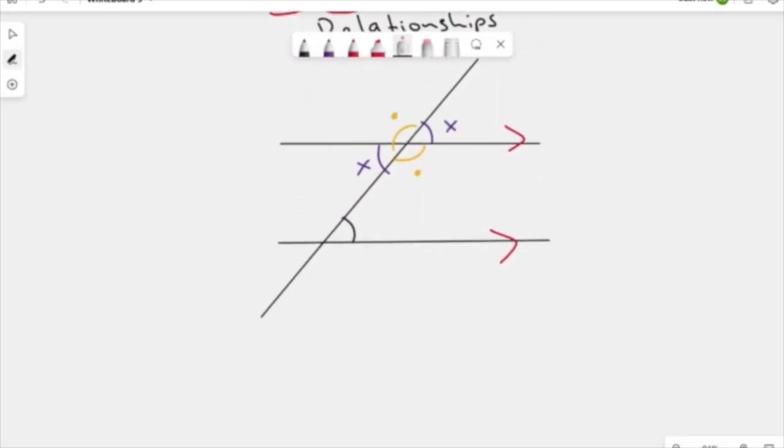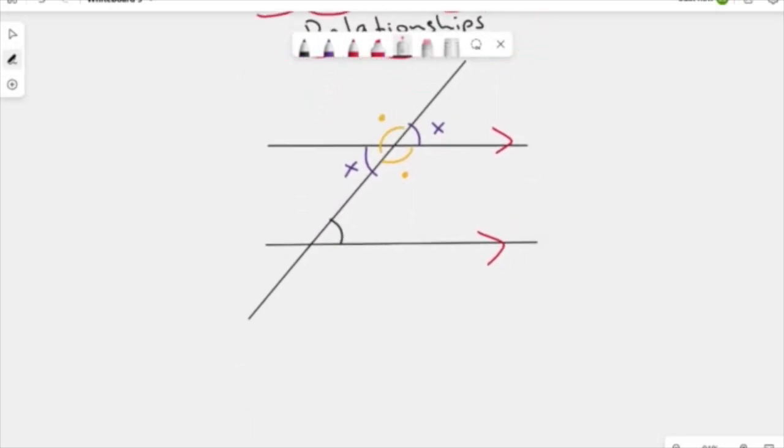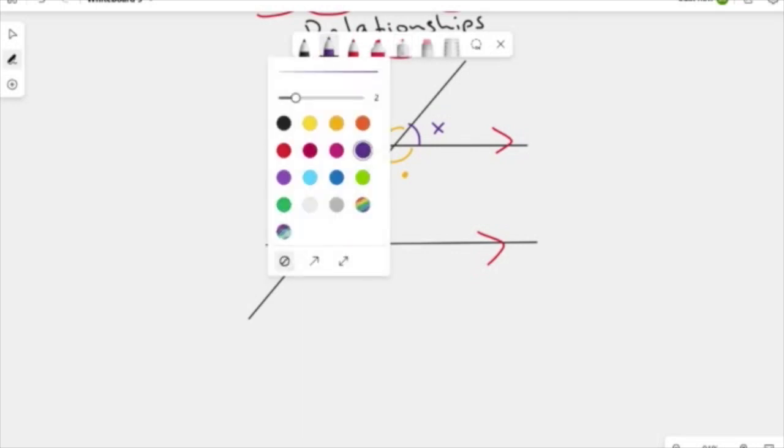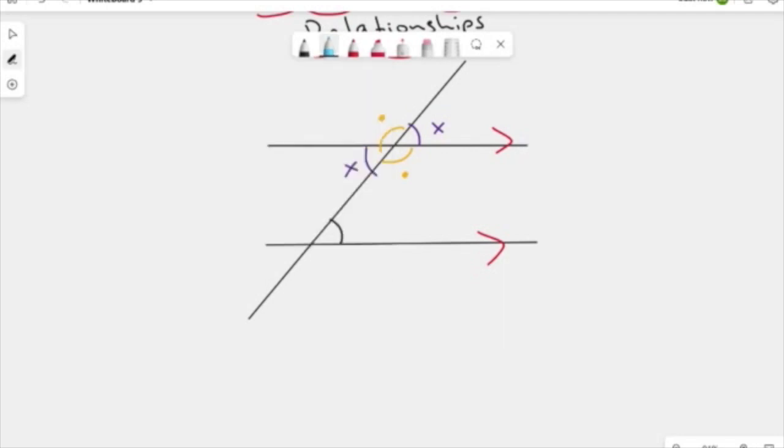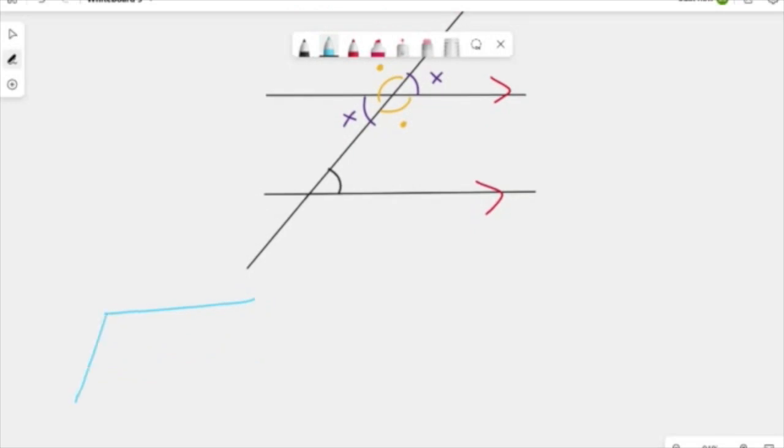Now this is the first extra angle relationship we observe. And I'm going to draw just a segment of our big picture here. I'm going to draw this little segment here with my two parallel lines and part of my transversal. So we have here, here, and here.